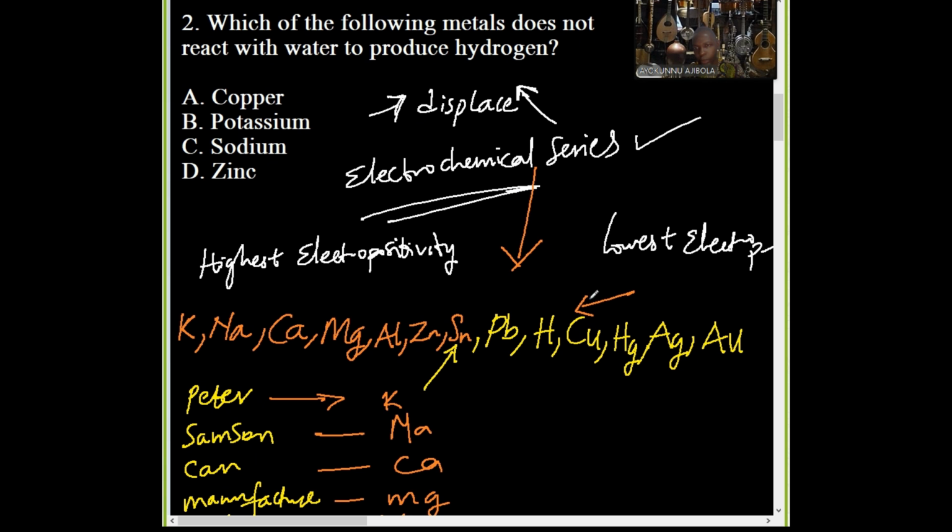Because copper is lower than hydrogen in the reactivity series. Explain to me now, why is it that copper cannot displace hydrogen or cannot produce hydrogen when it reacts with water?